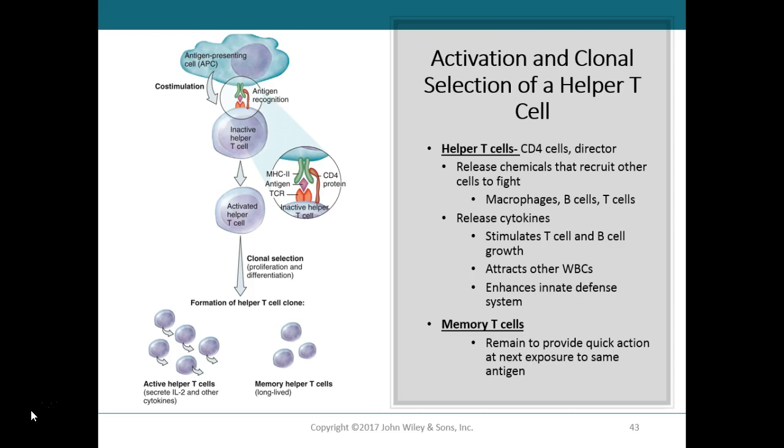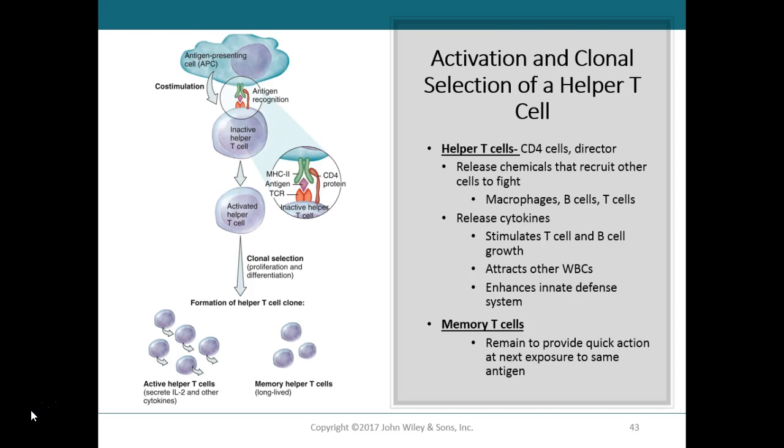So there are millions of different T cells, but each one has its own unique receptors that recognize a specific antigen MHC complex. So specific T cells respond to specific antigen fragments.